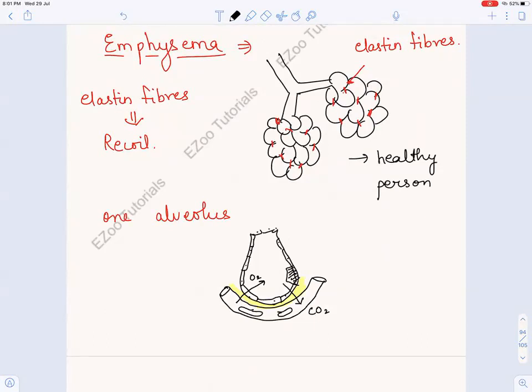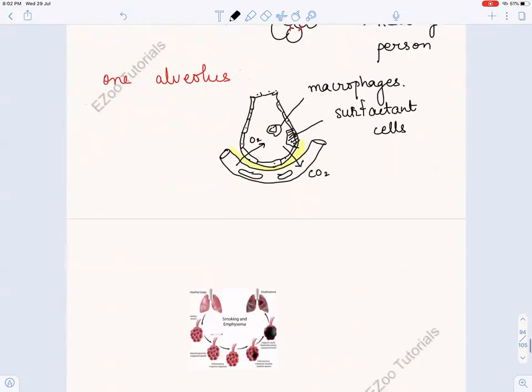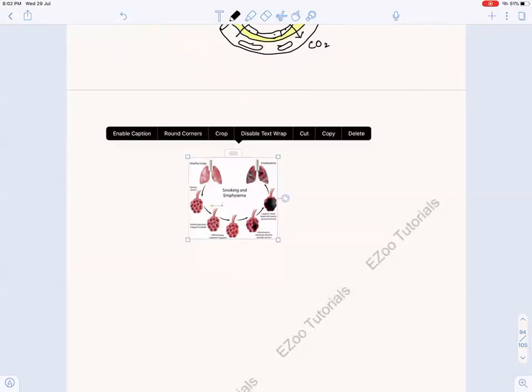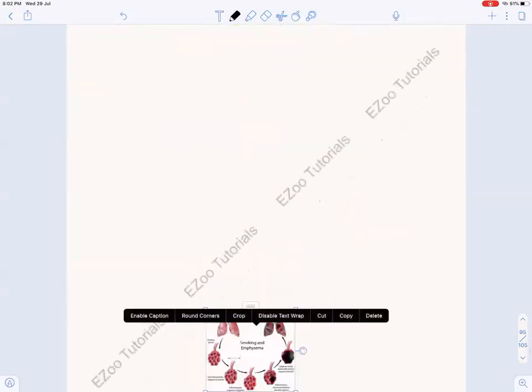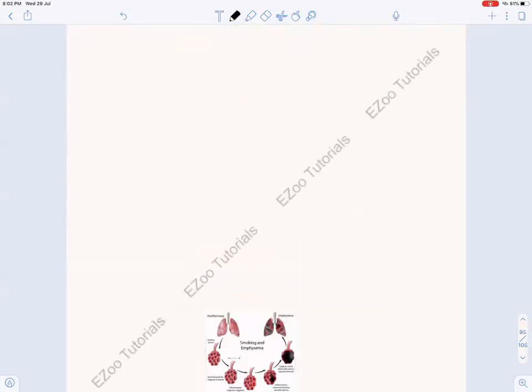And these are surfactant cells. And there are some macrophages also. Now let me tell you about macrophages.